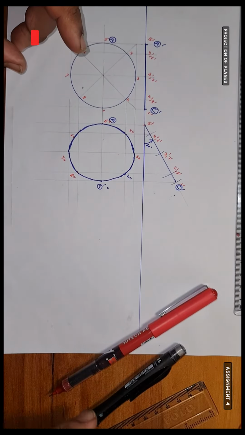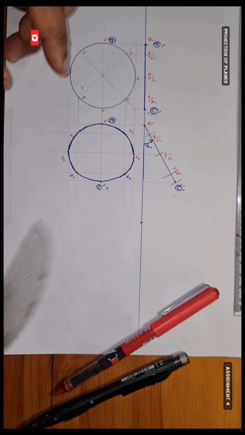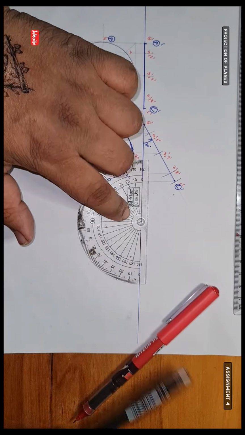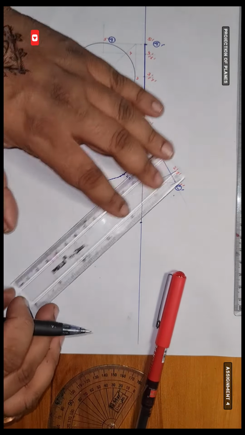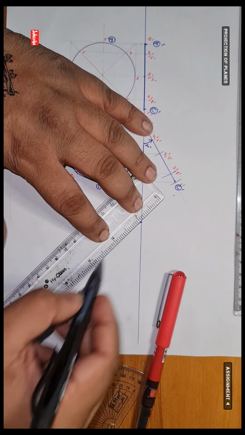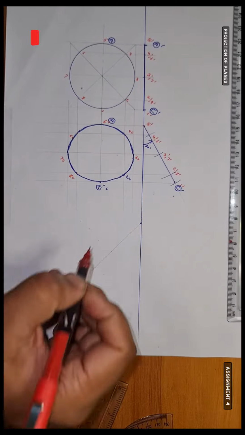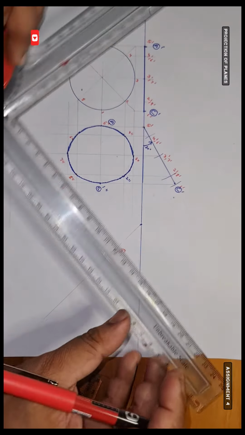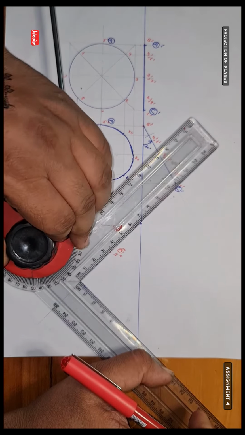So just take any point over here, make a 45 degree line, this is 40, this is 45. Okay, then make a line over here, then take any point as a 5 double dash or A. Now take your scale and make it parallel to the scale and tight your screw.